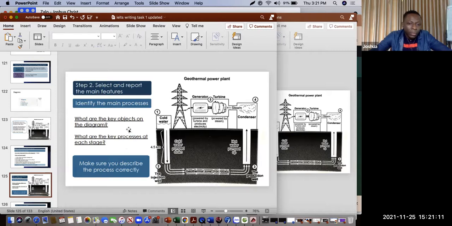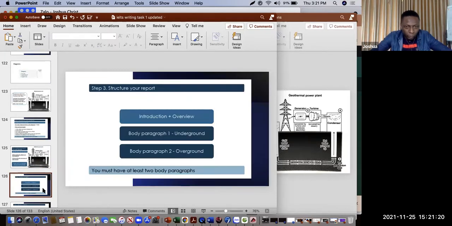There are a few things you need to take note of. The processes, we have already talked about it. So now that you have everything ready, you must have your introduction and overview combined, body paragraph 1, body paragraph 2, and that's it.